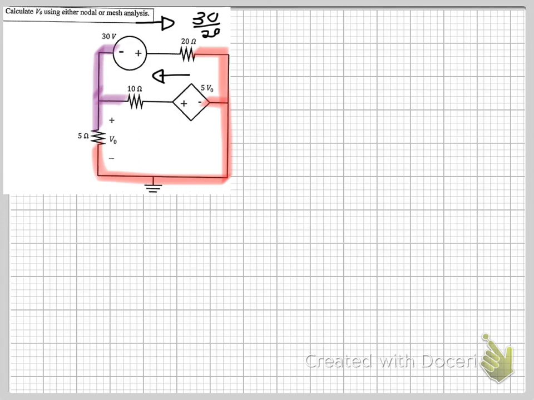And there you have a current source of 5 over 10. So now it is very simple for you to calculate VO, right? So that's gone. That's gone.